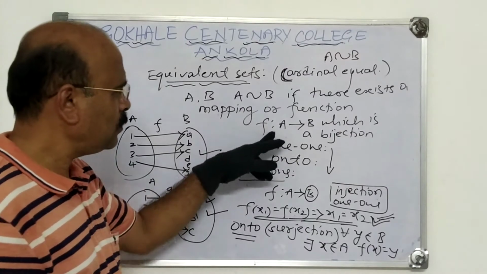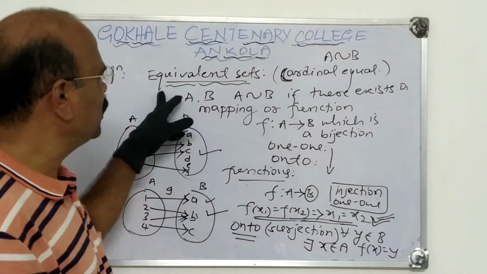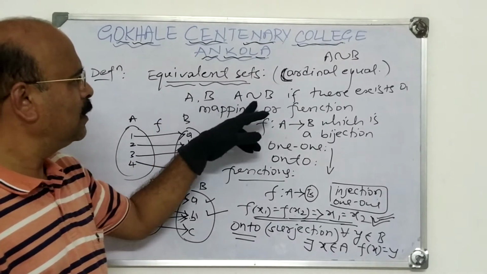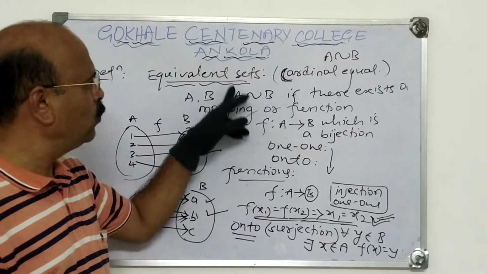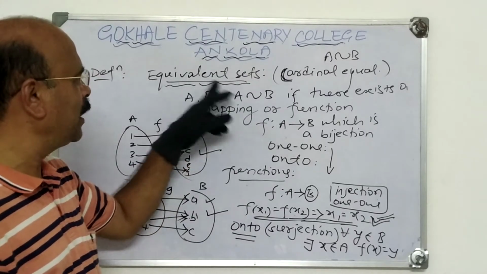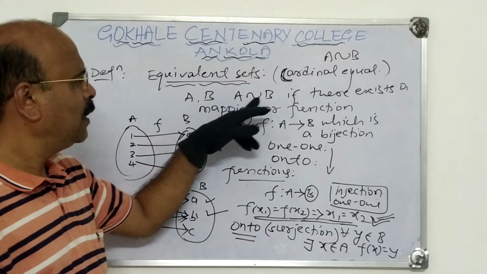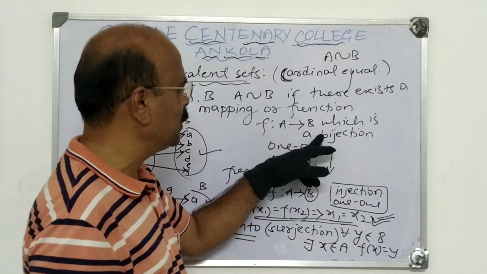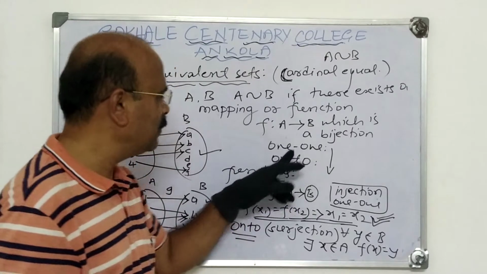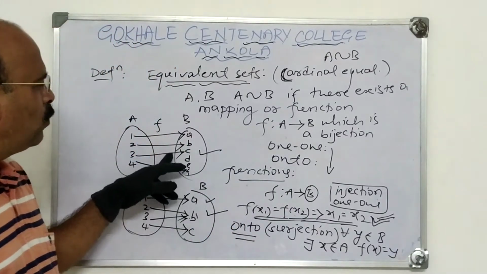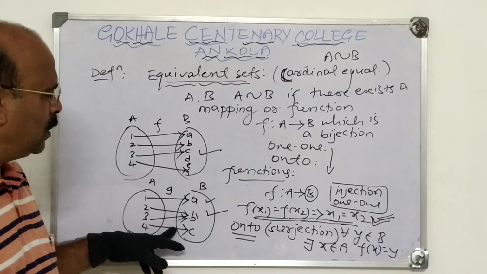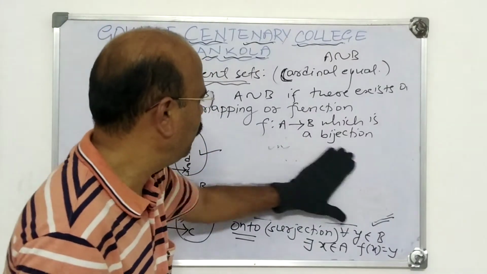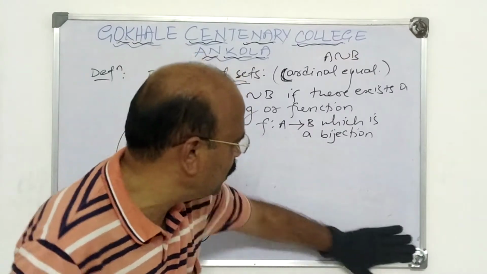Now, since we have used here the definition of equivalent sets, A and B are said to be equivalent. Equivalent is different; equal sets are different. Equivalent sets, if there exists a mapping f from A to B which is a bijection, means one-one as well as onto, there should exist a one-to-one function.